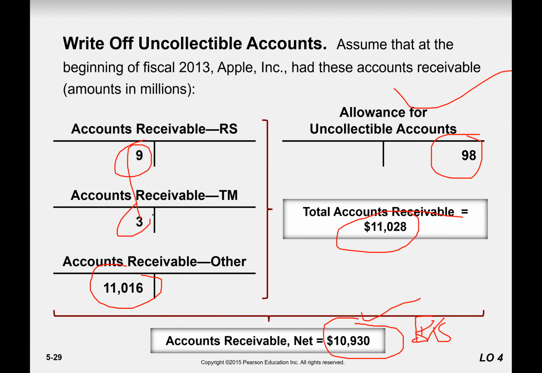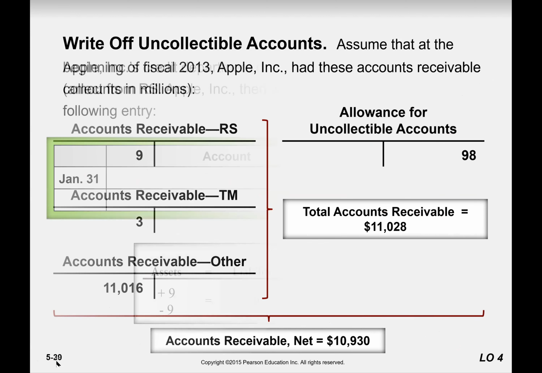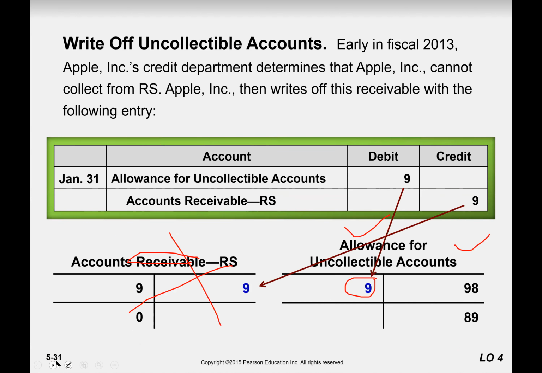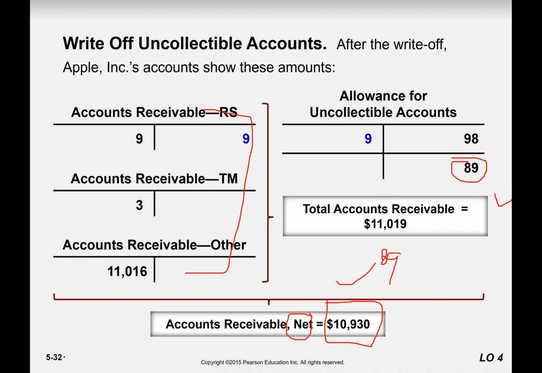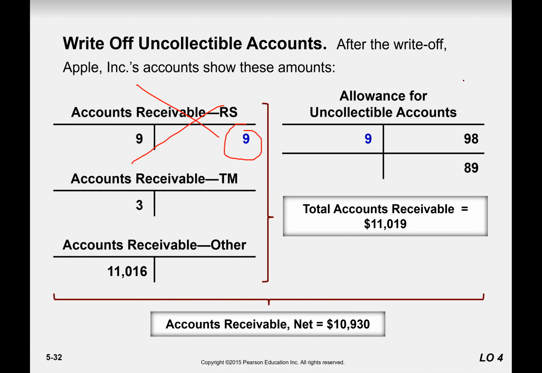Now what happened? This customer didn't pay us. So if they didn't pay us, then we delete their value here and we charge this default write-off to the allowance. And what happened here?